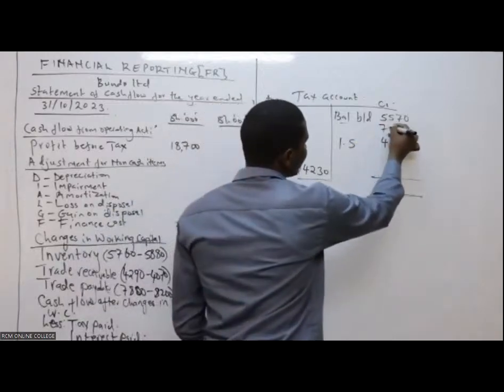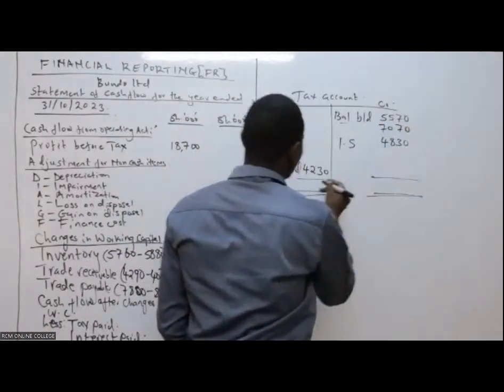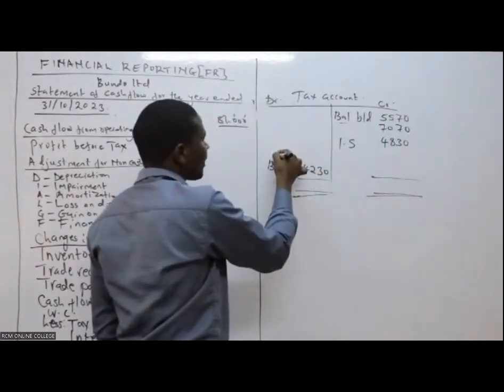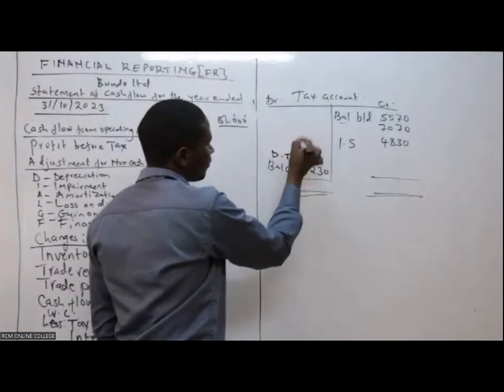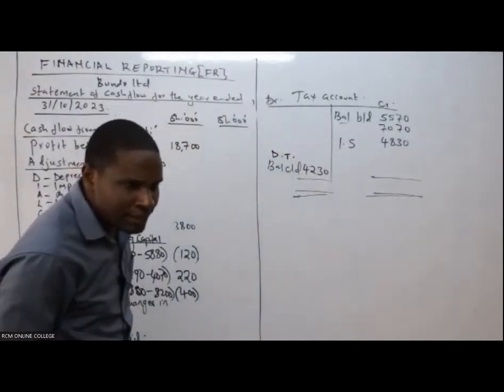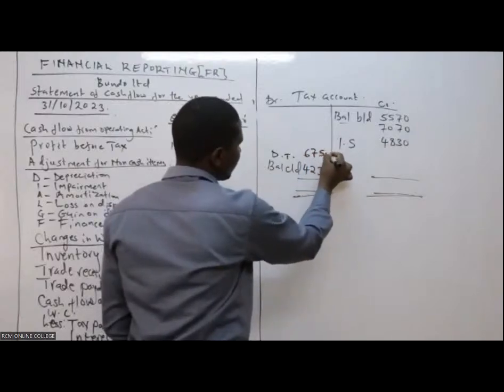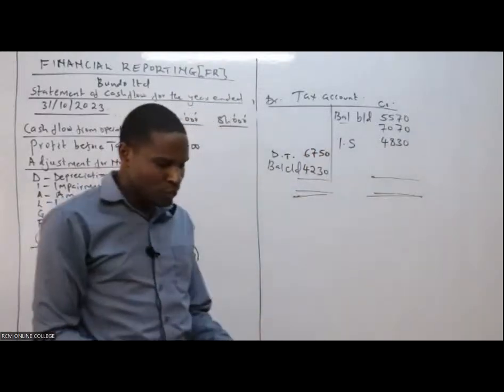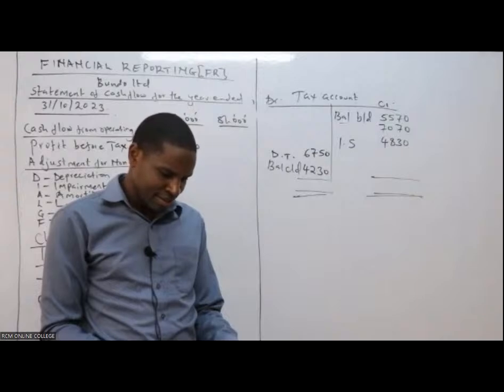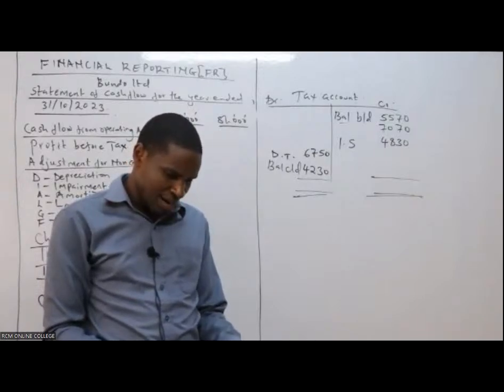70. Asante. Aha, na nipatie hiyo ya carry down ya deferred tax. 6750. Asante. Now we need to check whether we have any other information touching on our taxes here.